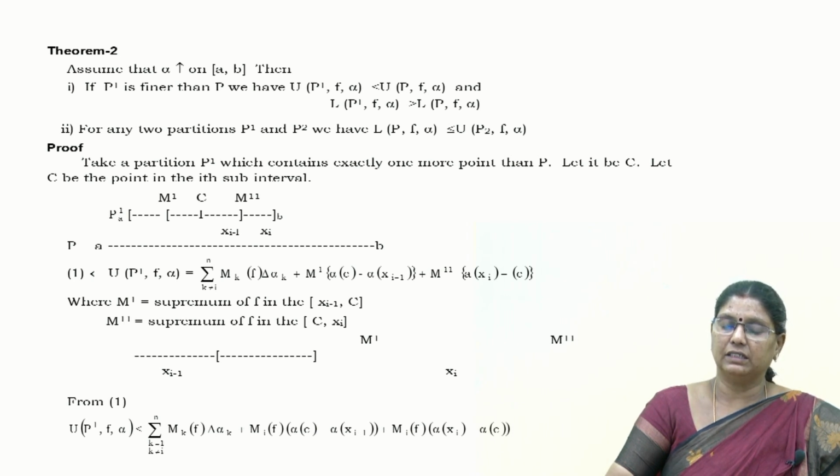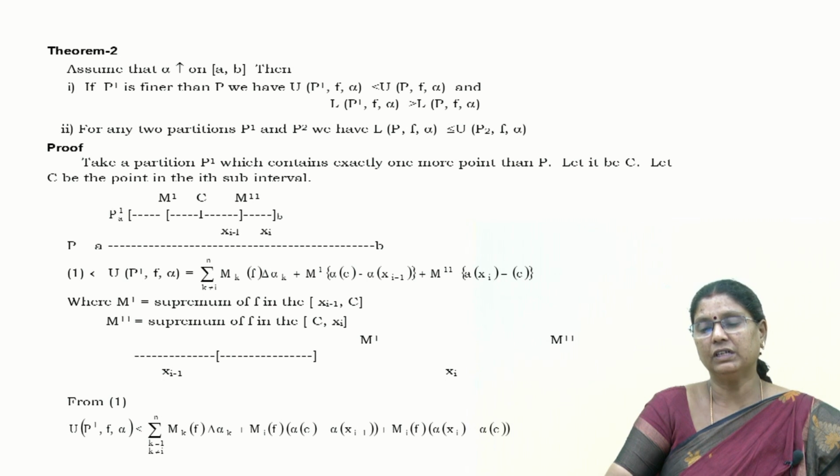So, we consider the upper Riemann sum for the given partition P1, that is U(P1, f, alpha) is the summation of Mk of f into delta alpha k, where k varies from 1 to n and k not equal to i, plus M' of alpha of c minus alpha of xi minus 1 plus M'' of alpha of xi minus alpha of c. Here M' is the supremum of f in the subinterval [xi minus 1, c], and M'' is the supremum of f in the subinterval [c, xi].